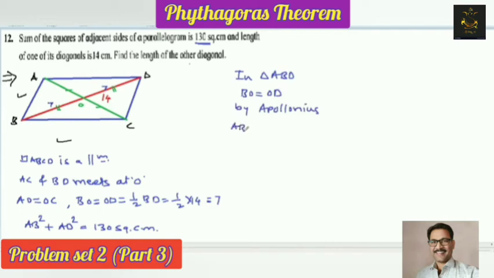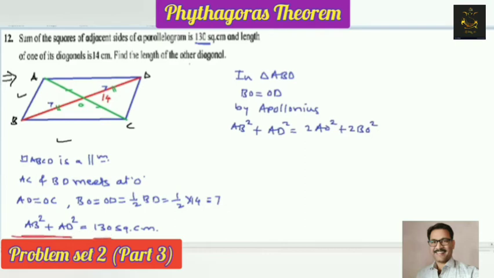AB square plus AD square is equal to twice AO square plus twice BO square. Okay friends, now this AB square plus AD square is given to us. Look here, where it is given, AB square plus AD square, which is 130.